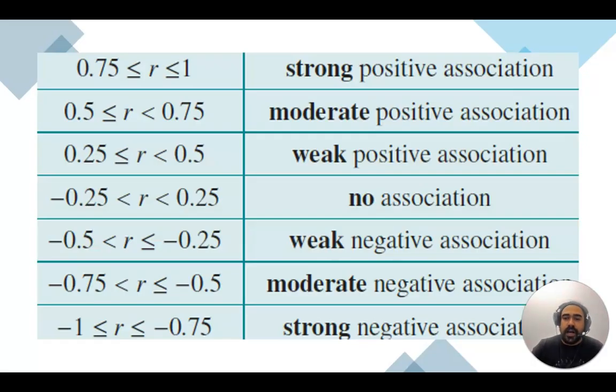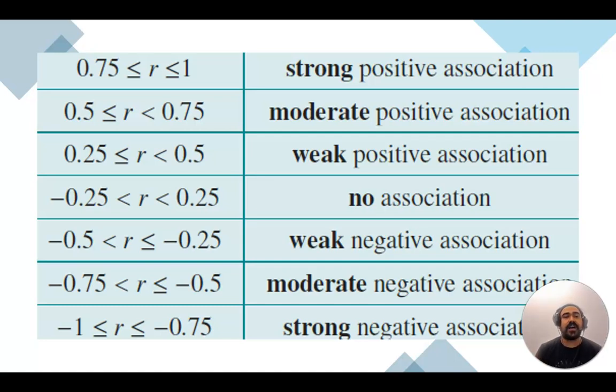So recalling our associations with your R value. These are the different types of associations that you can have. There are 3 levels: strong, moderate, or weak. And then there's the direction, whether it's positive or negative. If there's no association, it lies within the interval of negative 0.25 to 0.25.